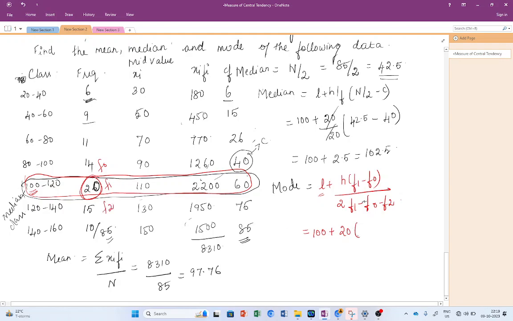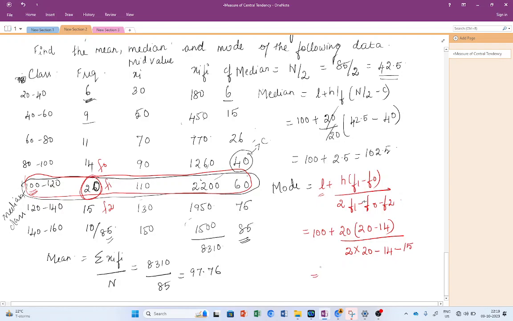So your F1 is 20 minus F0 is 14, divided by 2 into F1, which is 20, minus F0 is 14, minus F2 is 15.